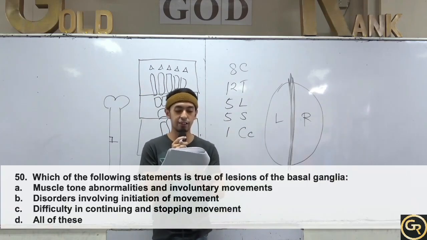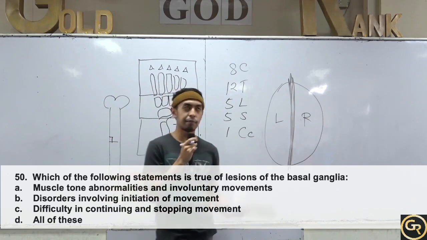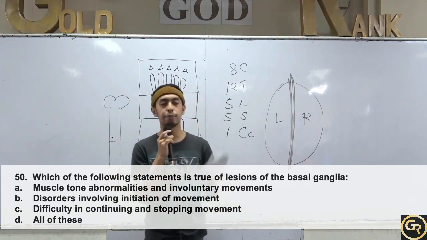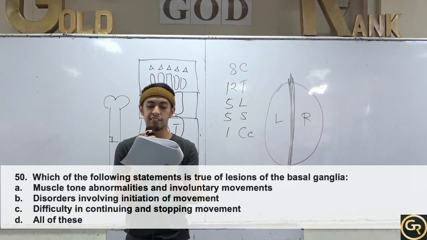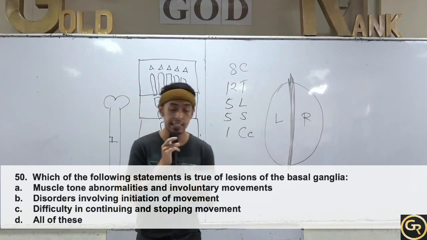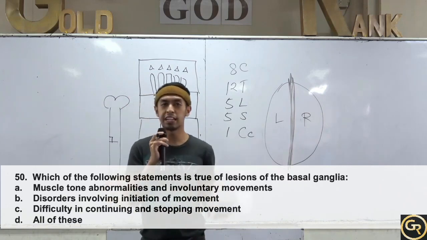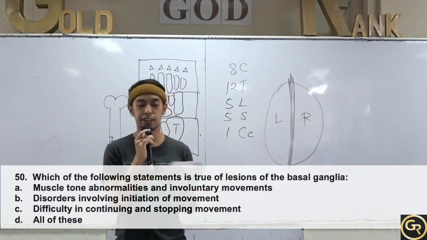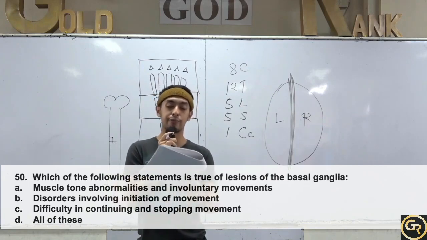50. Which of the following statements is true of lesions of the basal ganglia? Okay? Kapag po natamaan ng ating basal ganglia, ano po yung pwede niyang manifest? Muscle tone abnormalities and involuntary movements. Yes. Magkakaroon ka talaga ng involuntary movements. Disorders involving initiation of movement.